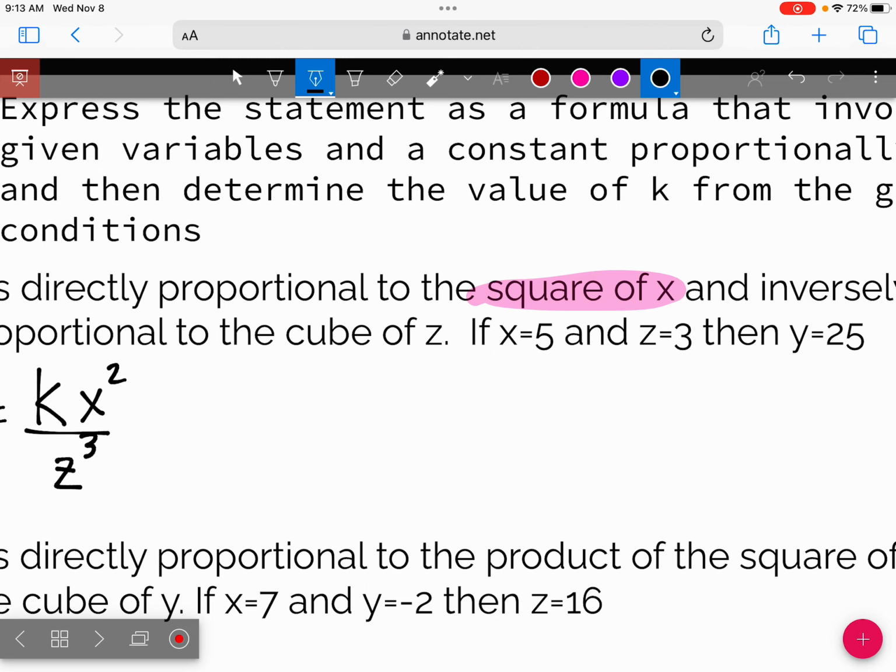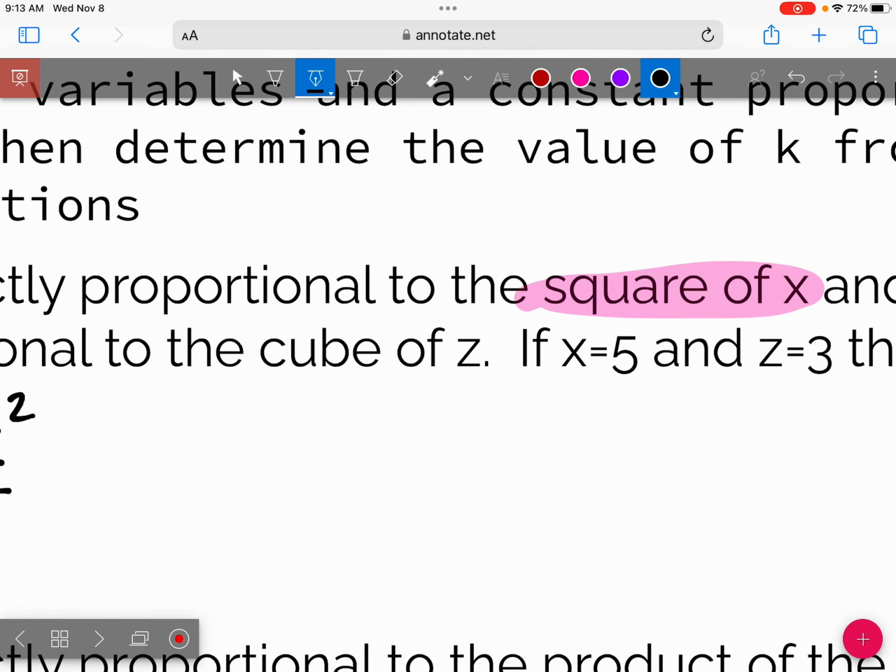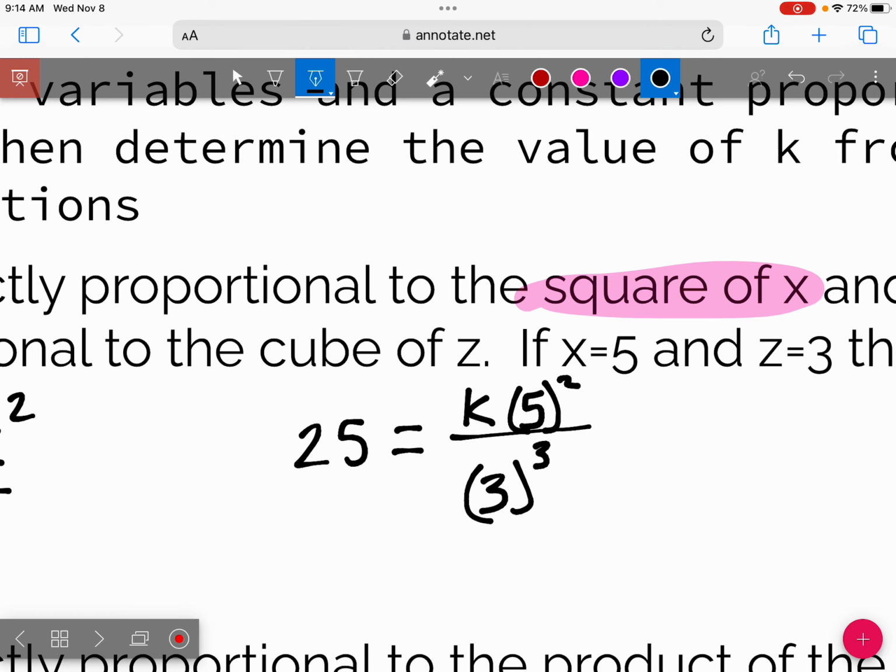So it just takes a little bit of practice. So we're going to substitute in the values that we have. So my y equals 25. My k, x squared, so we have 5 squared. And my denominator is my z cubed, which is 3 cubed.